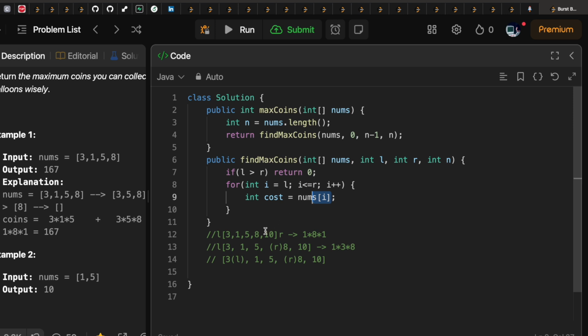But let's say we are bursting the 8th balloon, which means we are bursting the first balloon we have.